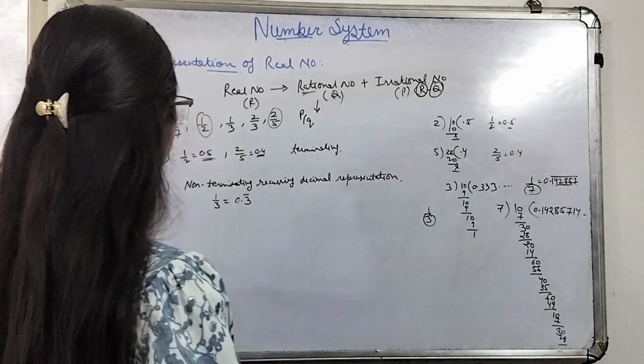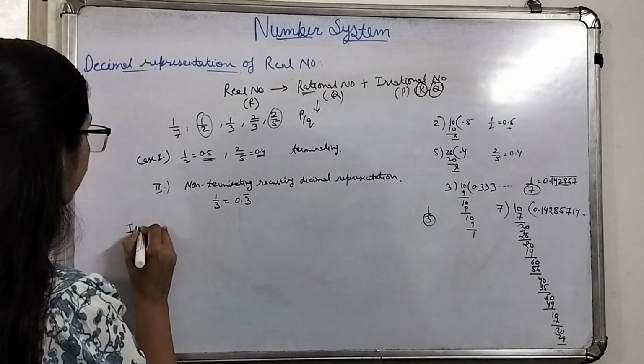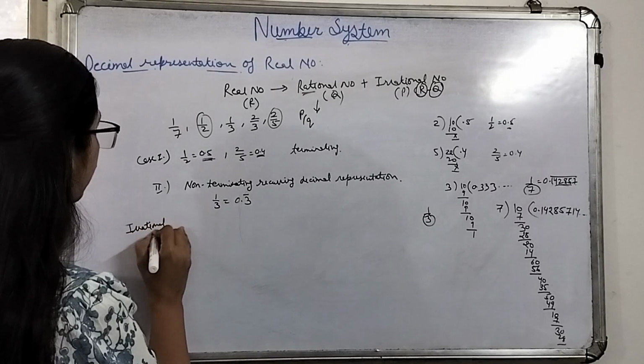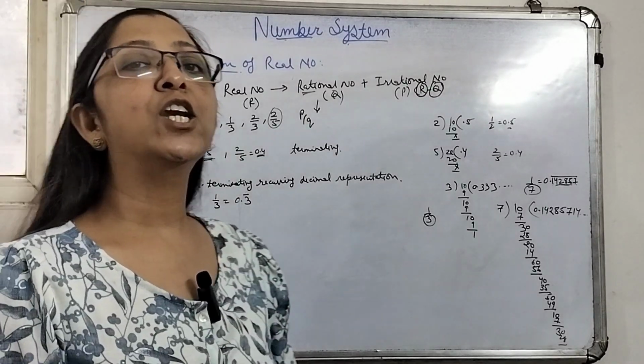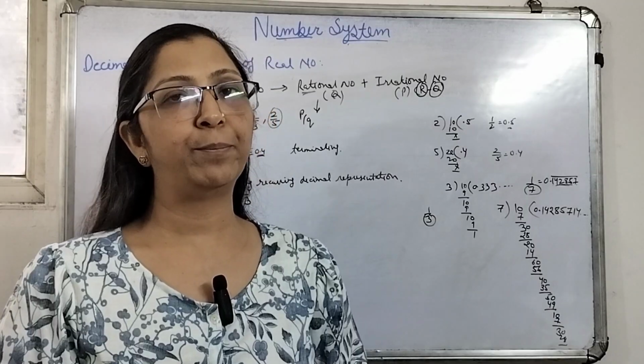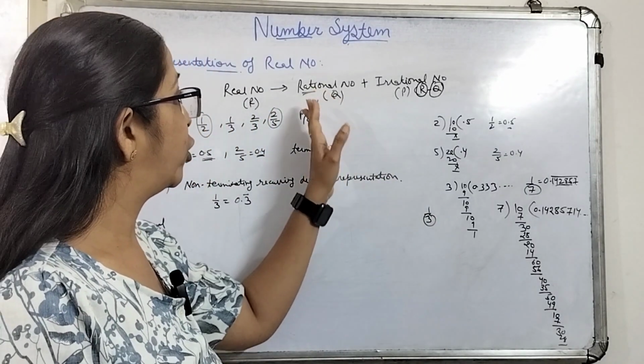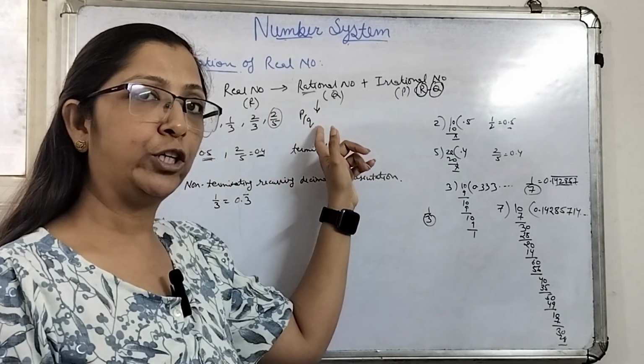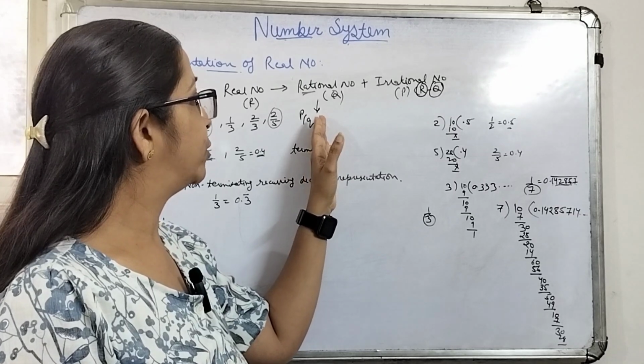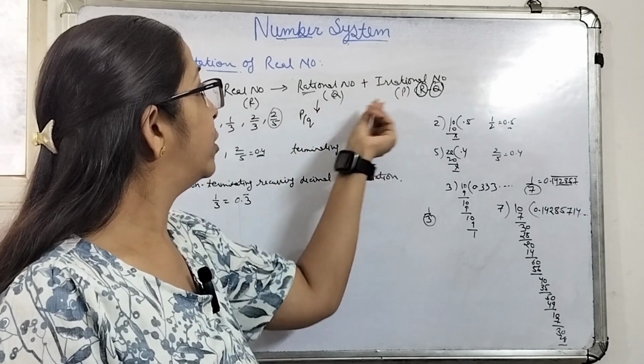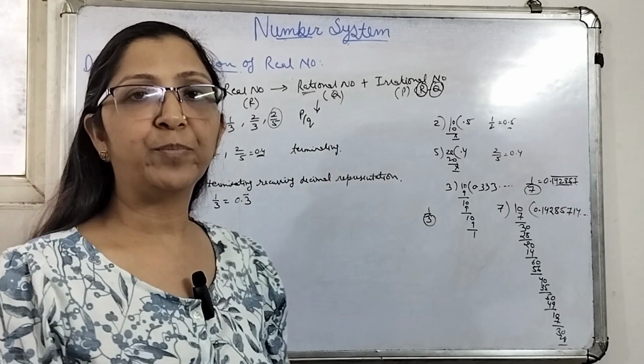But when we take an irrational number, just now we discussed that irrational numbers are the numbers which cannot be represented in the form of P upon Q, where Q is not equal to 0 and P and Q are both integers.